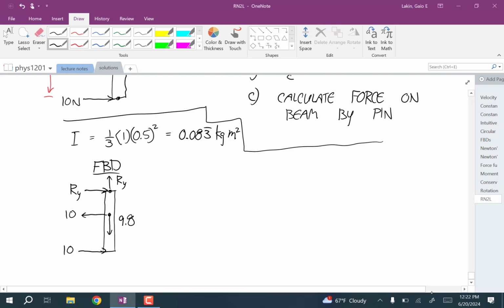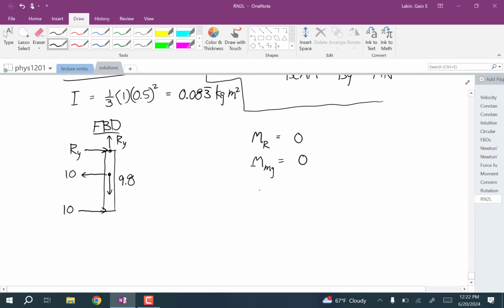Well, the moment produced by R, as always, is 0. The moment produced by the weight, in this case, you can see if you extend the line of action of the weight, it goes through the pin, so that's also going to produce 0 moment. Then the moment produced by the 10 at the center, I'll call that moment at C, okay?